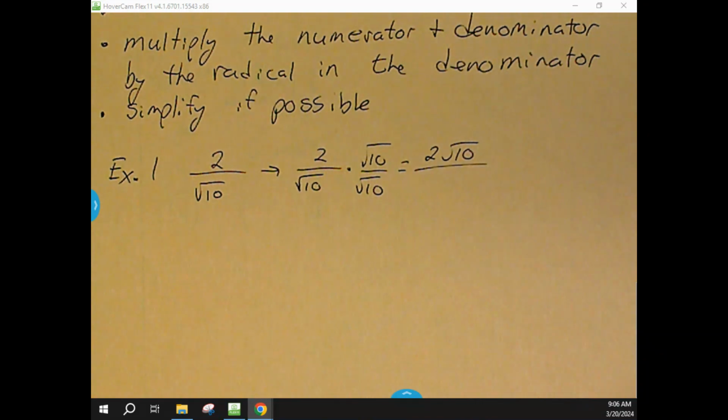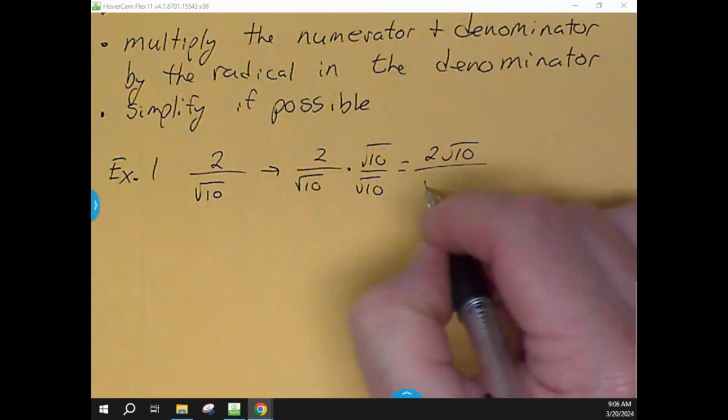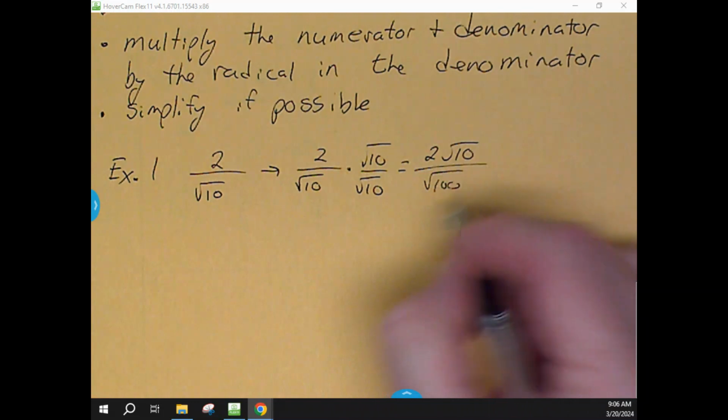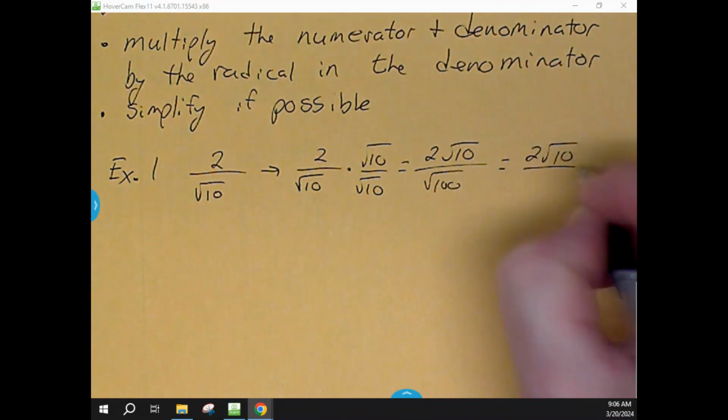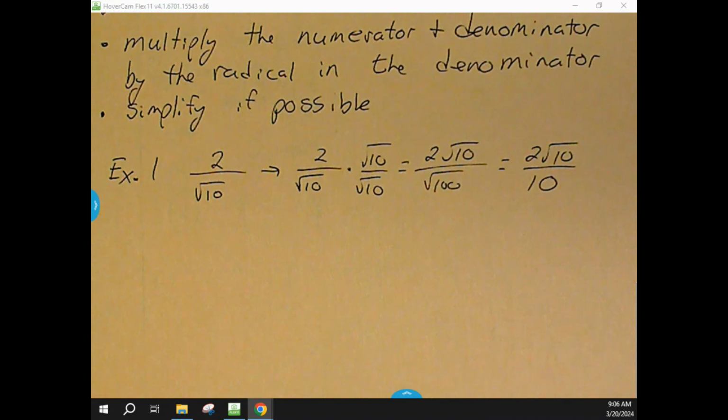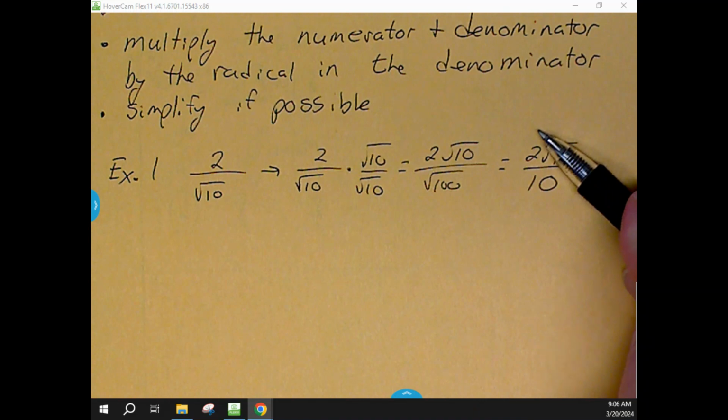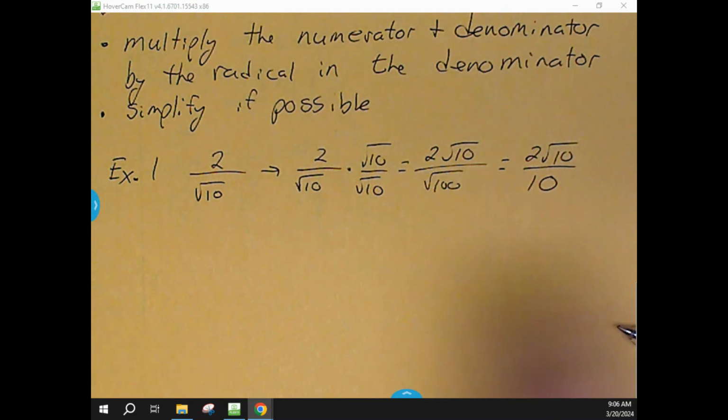But in the denominator, what happens when you do square root of 10 times square root of 10? You get square root of 100, correct? But what's the square root of 100? I know that's 10. So that's 2 square root of 10 over 10. And then for the non-radical part, where you've got the 2 over 10, that part you can simplify, divide both by 2.